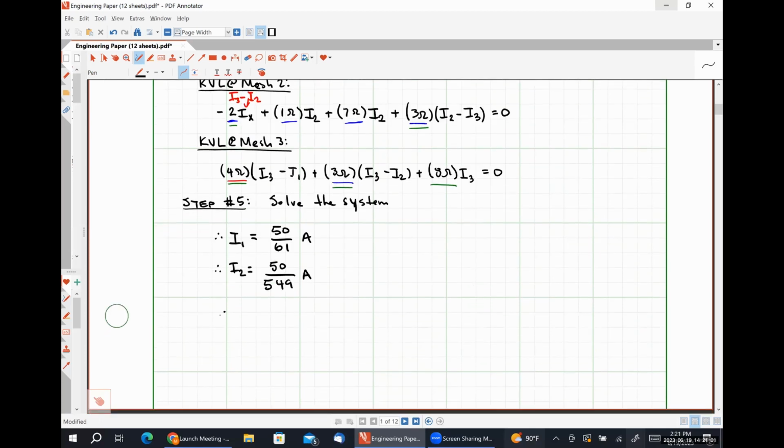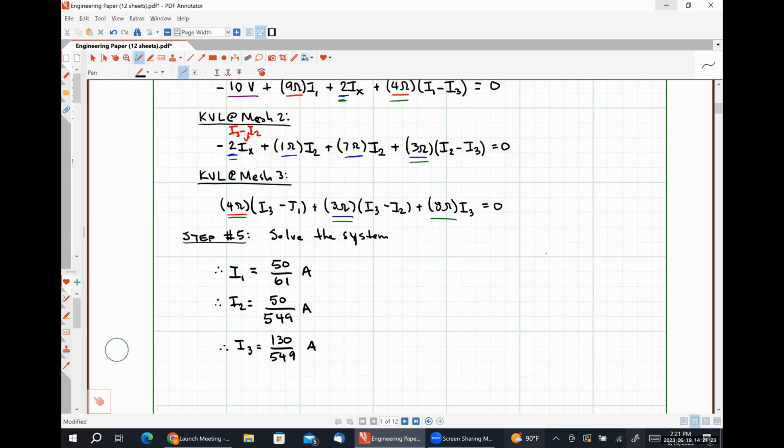And my mesh current for I3 is equal to 130/549 amps. Assuming I entered everything correctly into my calculator, which I believe I did, but there's always opportunities for mistakes here, okay?